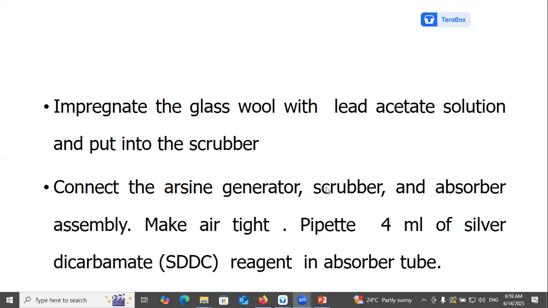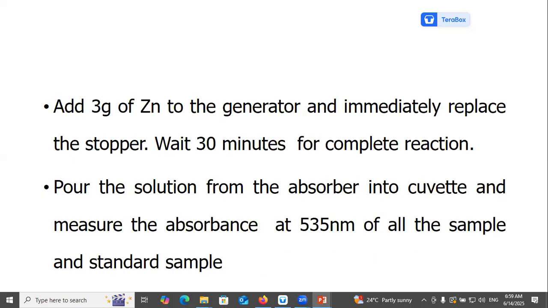Connect the arsine generator, scrubber and absorber assembly. Make airtight. Pipette 4 ml of SDDC reagent in the absorber tube. Add 3 grams of zinc to the generator and immediately replace the stopper. Wait 30 minutes for complete reaction.